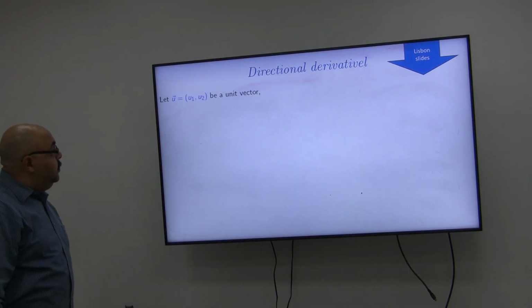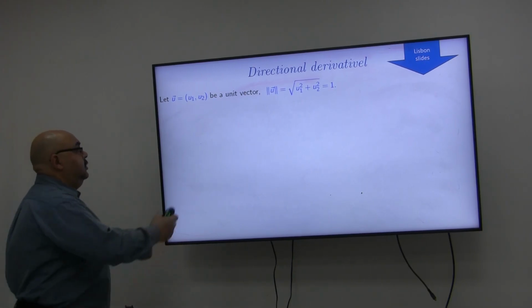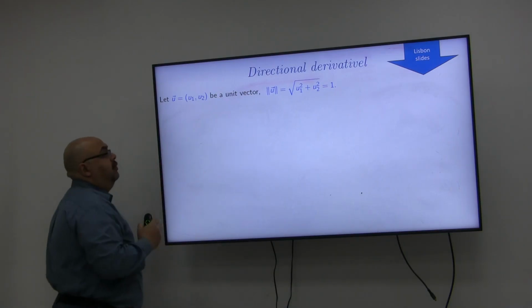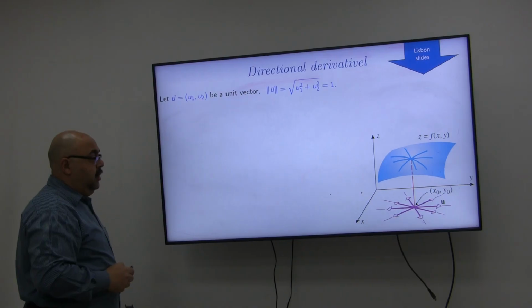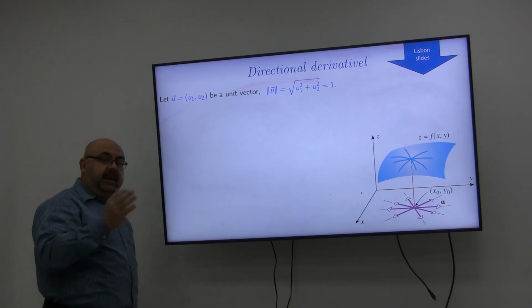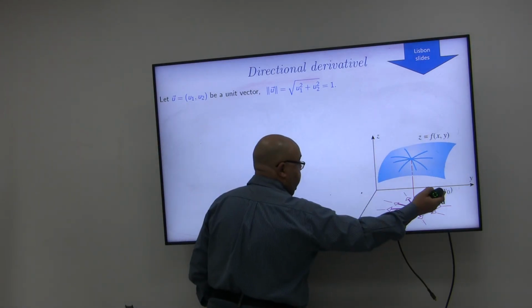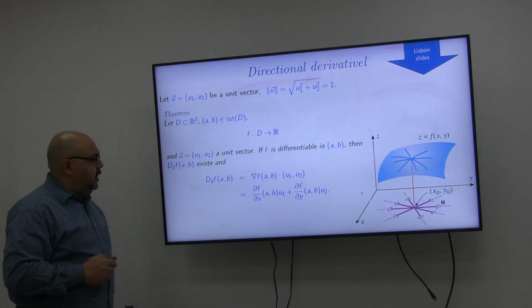Those are the slides from Lipsman, exactly the same as I told you. This is the vector. It should be a unit vector, which means that the magnitude of the vector, or the norm of the vector, is equal to 1. That's the simplification of what's happening: we are finding the rate of change of my function in the direction of u at a certain point, which is x naught.